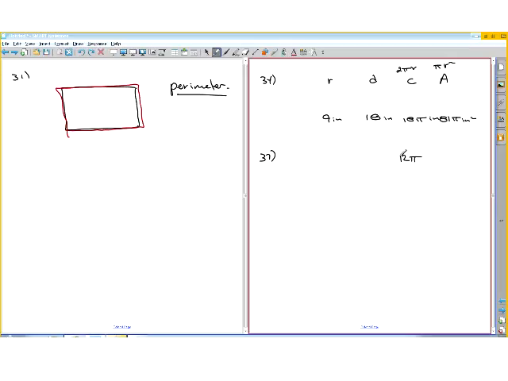Okay, so 37, let's see, they give us, this is 12 pi. So we know that the circumference is equal to 2 pi r. And if the circumference is 12 pi, r is going to be just 12 pi divided by 2 pi, which is, pi's cancel out and become a 1. 12 divided by 2 is 6.